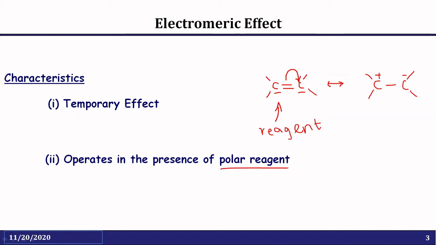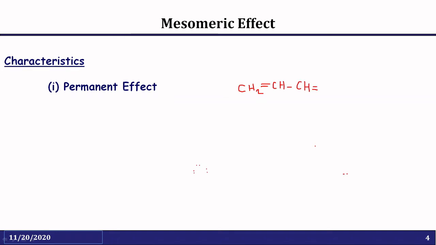Now let us move on to the next effect, the mesomeric effect. The mesomeric effect is also called the resonance effect. This is observed in a pi system which mostly has conjugated double bonds. If a conjugated double bond is present in your molecule, there is a possibility of the resonance effect. It is a permanent effect. This involves the delocalization of pi electrons in a system. Let us consider this 1,3-butadiene.